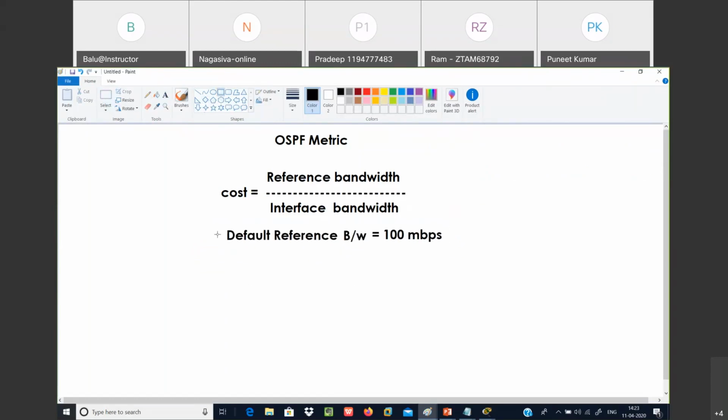This is the point you can keep in mind, guys. Default reference bandwidth is what? 100 Mbps. Okay.